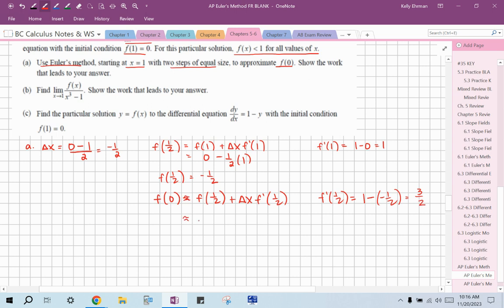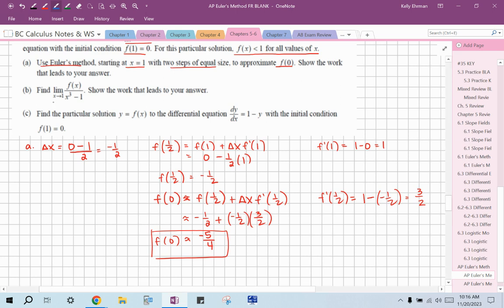So negative 1/2 plus negative 1/2 times 3 over 2. So this is negative 1/2, or negative 2/4 minus 3/4 is negative 5/4. F of 0 is approximately negative 5/4.